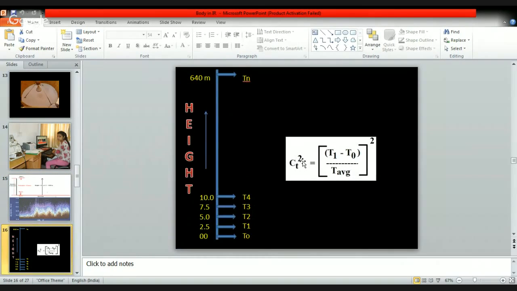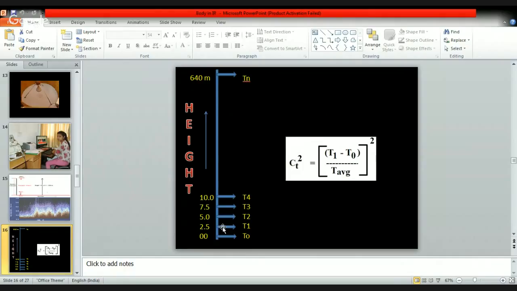We see that in the backscattering, suppose we have two closely spaced thermometers, say T1, T2, T3 like that, all separated by a distance of just 2.5 meters. That means in a height of 1 kilometer, we have installed 400 such thermometers.